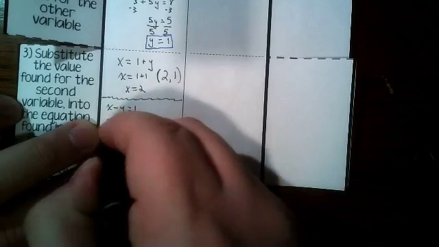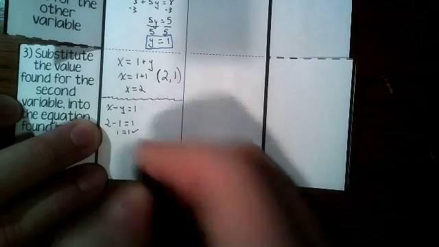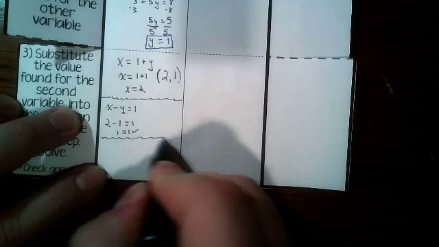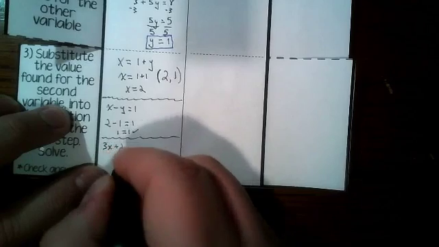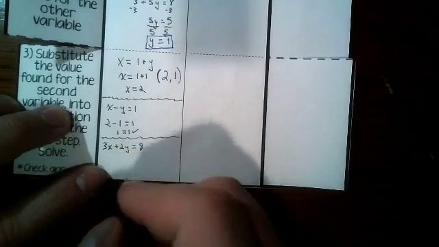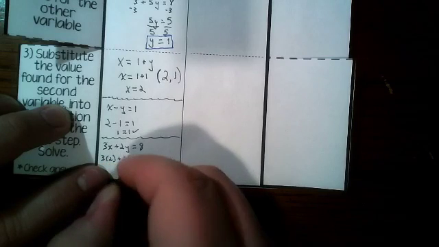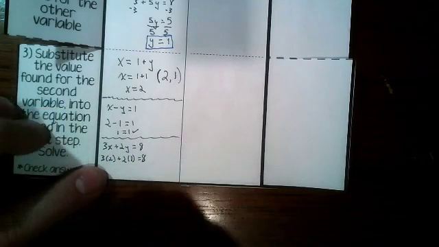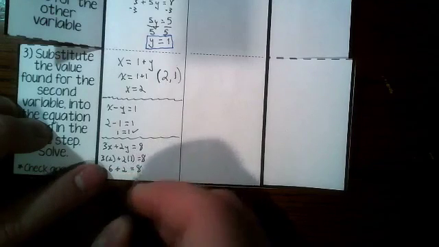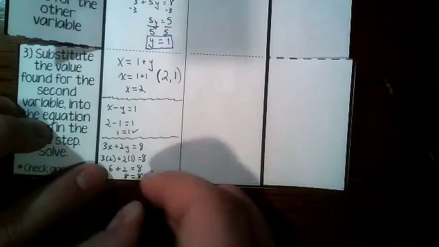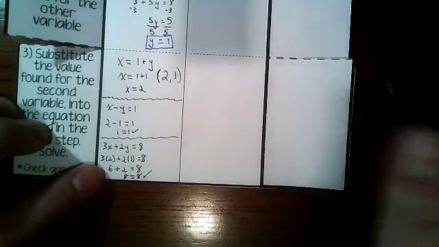Does 2 minus 1 equal 1? 1 equals 1, so it works for the first one. 3x plus 2y equals 8. 3 times 2 plus 2 times 1 equals 8. 6 plus 2 equals 8. 8 equals 8. So they both check out. So this is the solution.